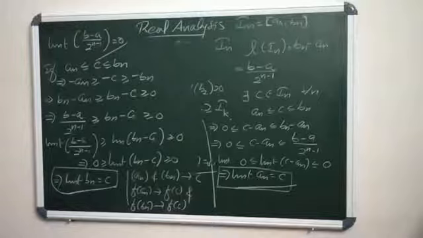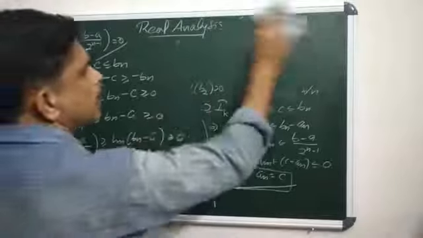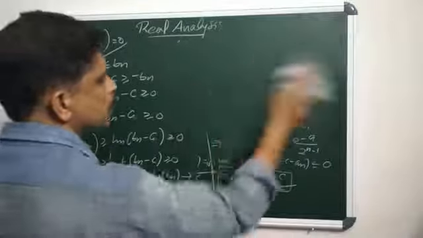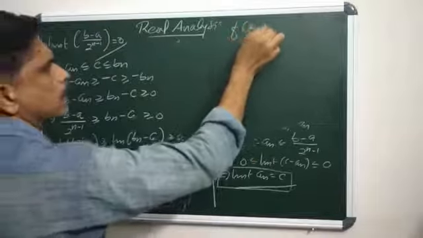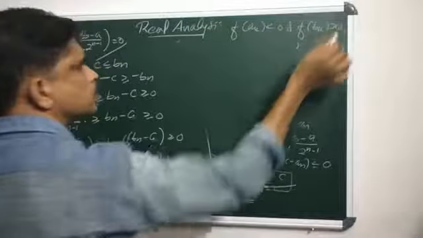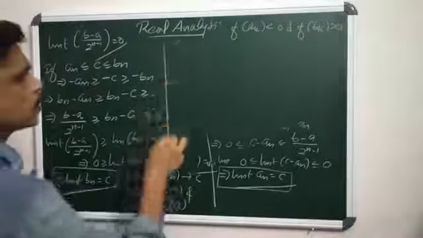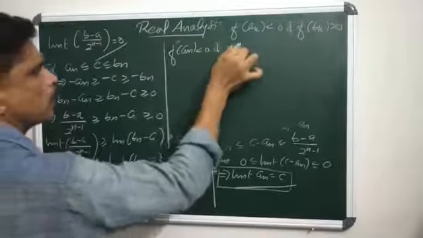F of An is less than 0. We already saw that f of Ak is negative and f of Bk is positive. So here f of An is negative and f of Bn is positive.